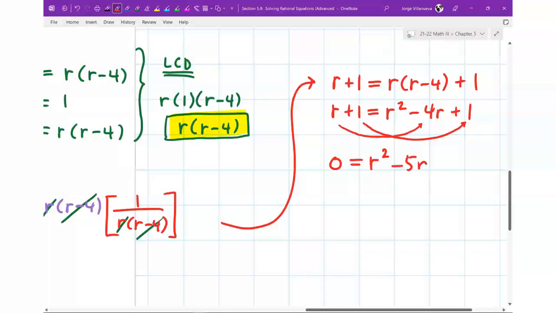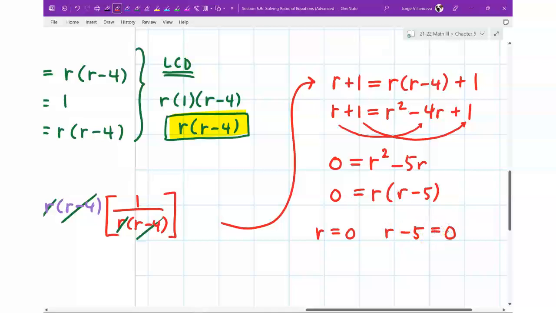Now I've got to solve for R. I don't know if you guys still remember solving for normal polynomials. It wasn't too long ago that we did this. What you're going to want to do is factor and then solve. So I can factor out an R from this one. Okay? And once I factor, I can start to solve. I can say, oh, look, R equals 0 or R minus 5 equals 0.